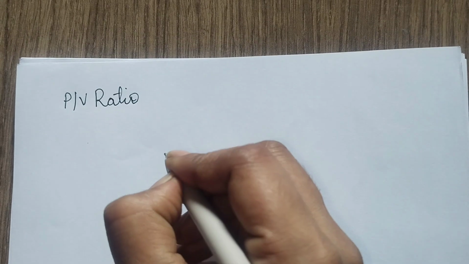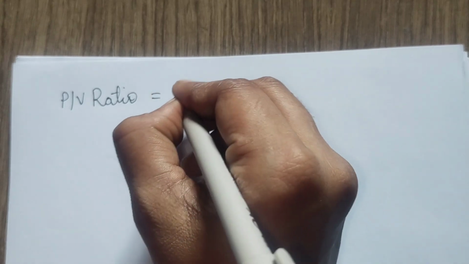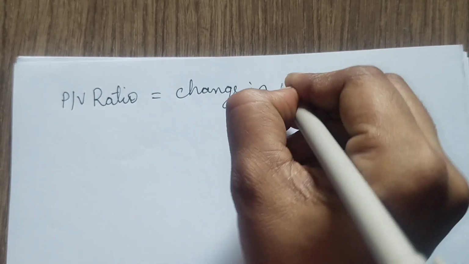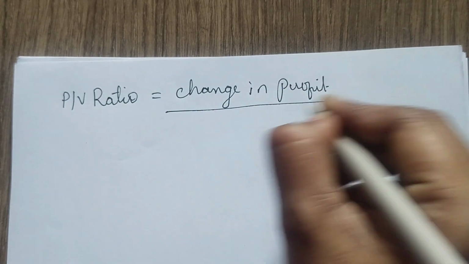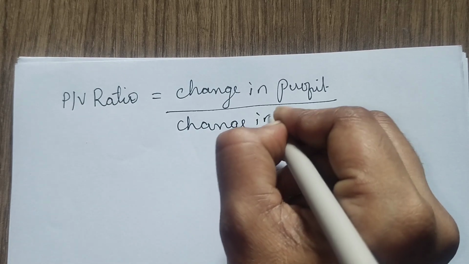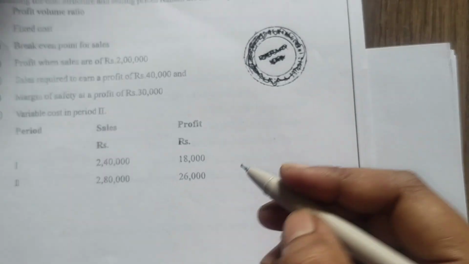If you have not watched that video, PV ratio is equal to change in profit divided by change in sales.